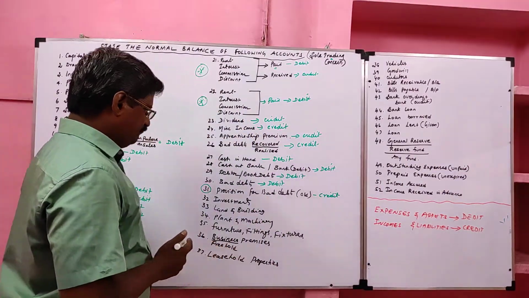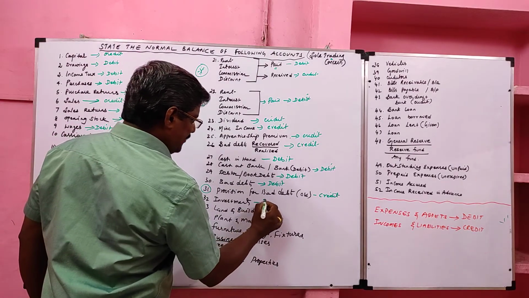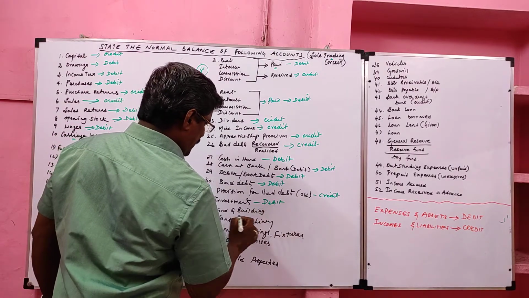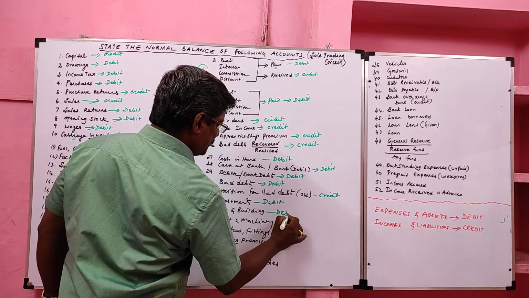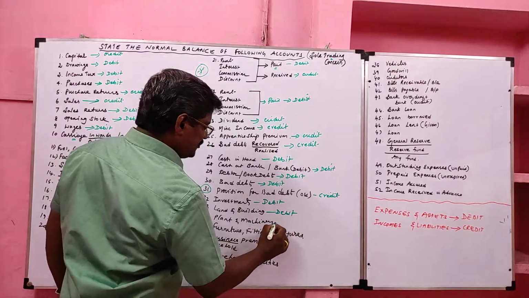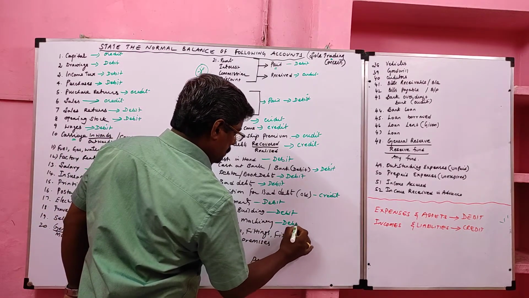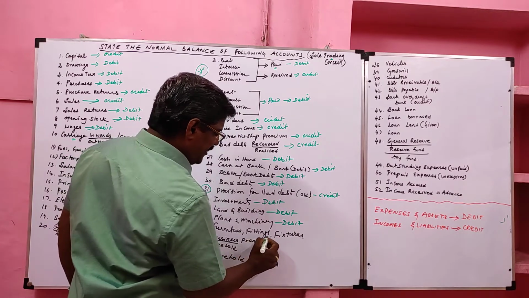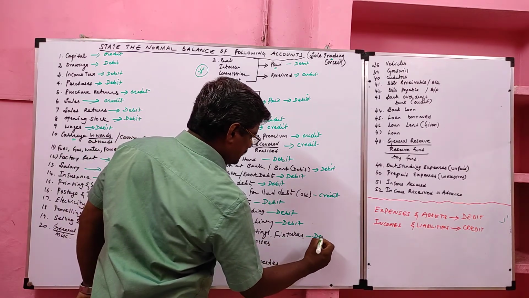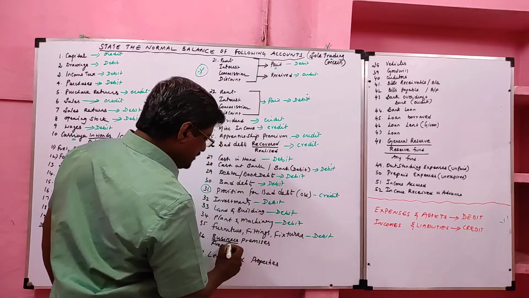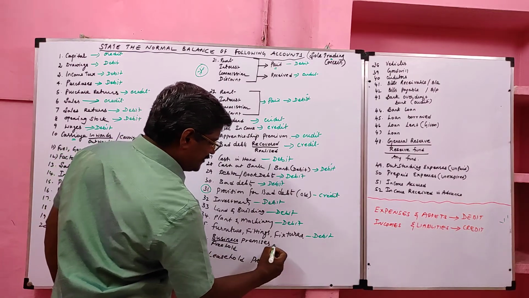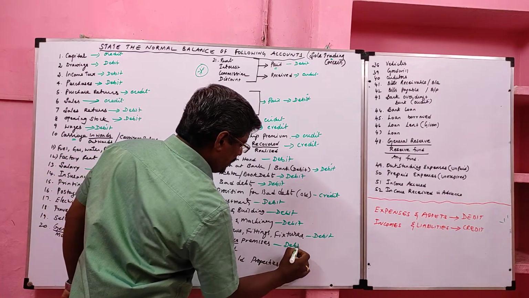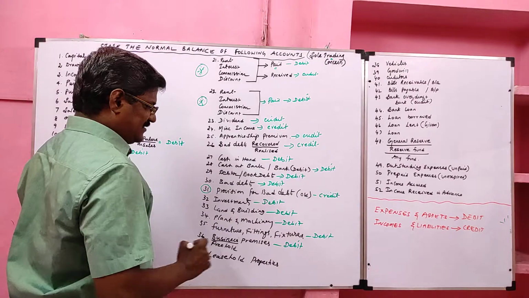Next. Investment is an asset, debit. Land and building is an asset, debit. Plant and machinery is an asset, debit. Furniture, fittings, fixtures, asset, debit. Business premises, freehold premises: premises are properties, assets, debit.